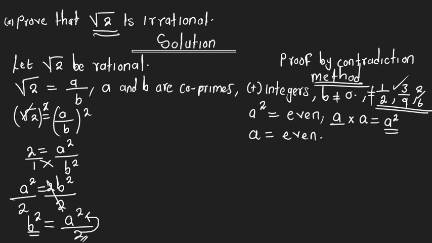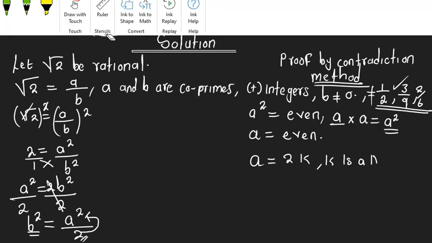Then when you reach there, you must write all this. If a is even, then a can be a number such that 2 is going to multiply k, where k is any number within real numbers, okay.